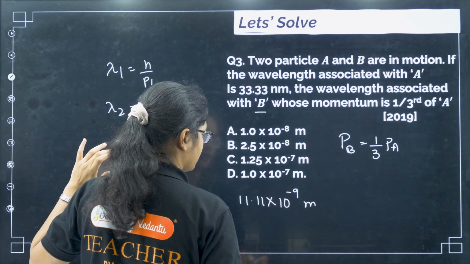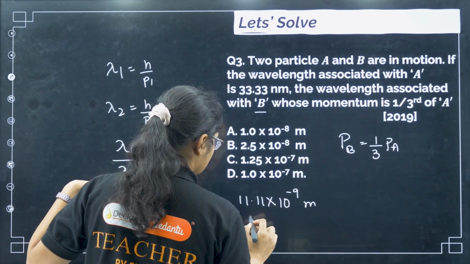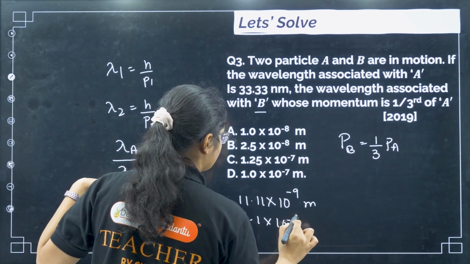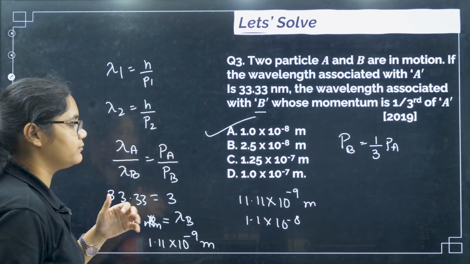Now I can write it as 1.1 into 10 to the power of minus 8. So this is your answer, option number A here.